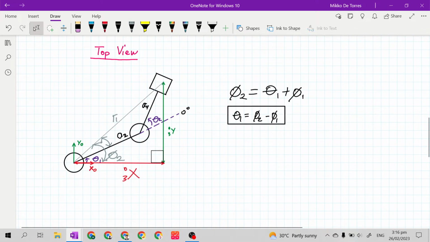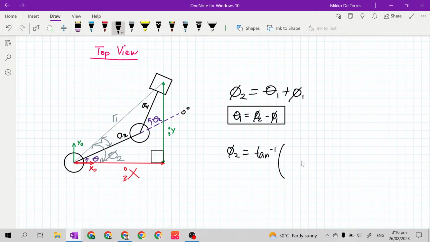Next, we can derive what is phi 2. Phi 2 will be equals to inverse tangent of y03 over x03.